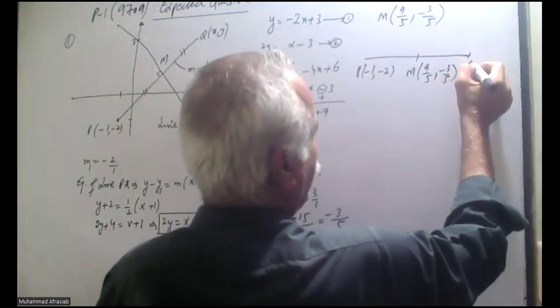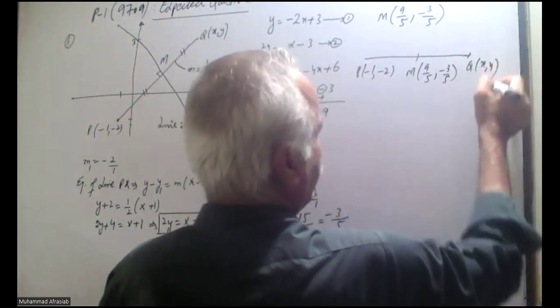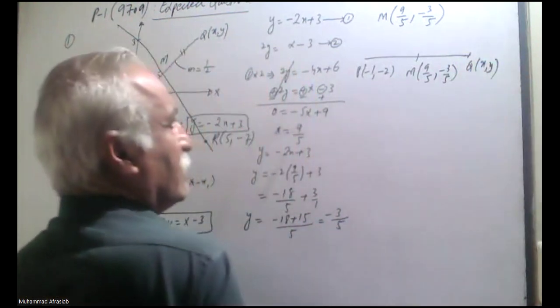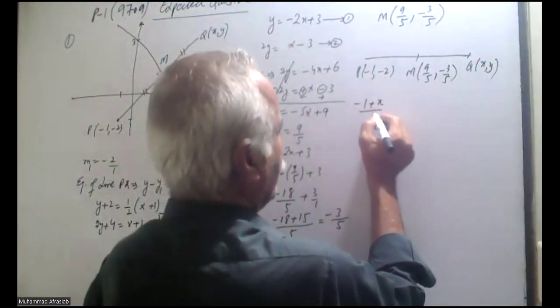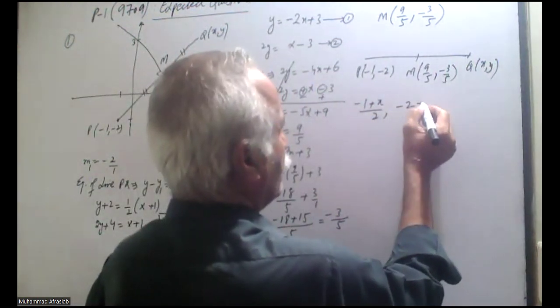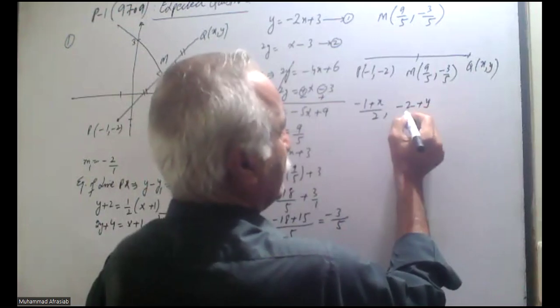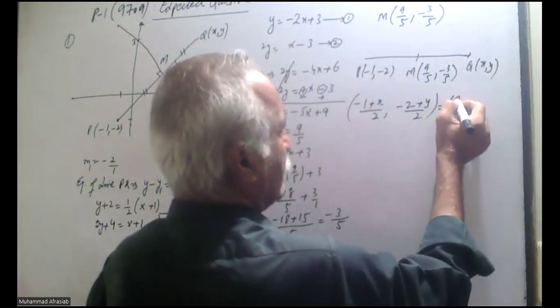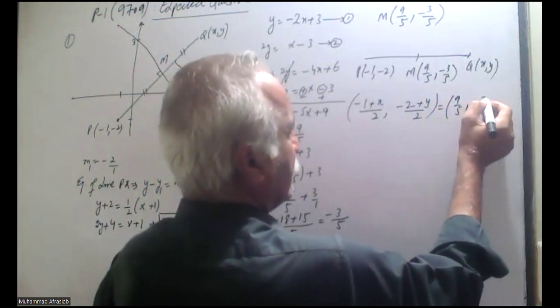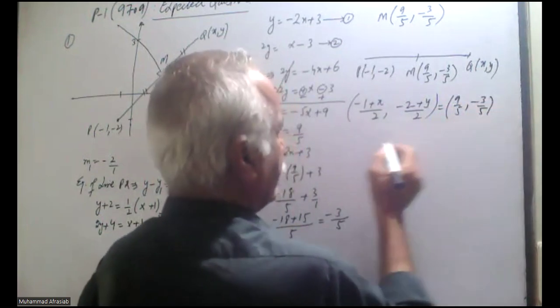And this point Q is (x, y). So we know that (-1 + x)/2 and (-2 + y)/2 should be equal to 9 over 5 and -3 over 5.